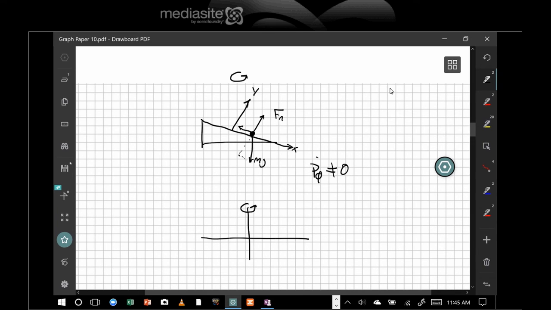Say I rotated it 180 degrees. Initially the table looks like this. If I rotated 180 degrees, it would do this, and you could tell that. So the system is not isotropic anymore, and thus angular momentum should not be conserved.